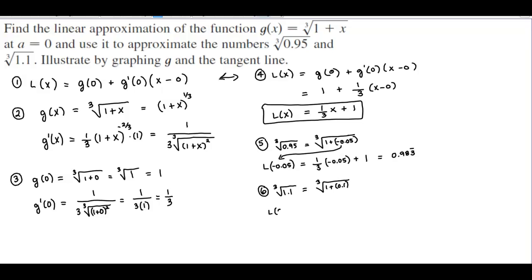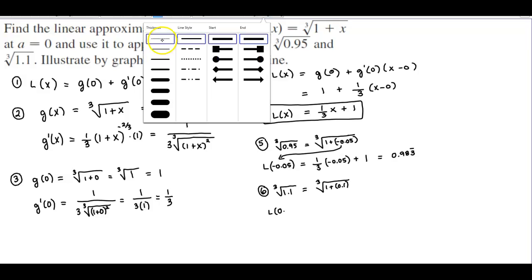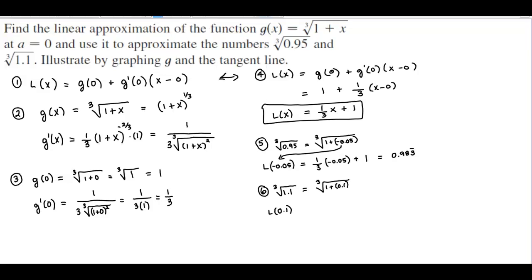So we want to find L of 0.1. That becomes 1/3 times 0.1 plus 1, and that equals 1.03 with the 3 repeating.